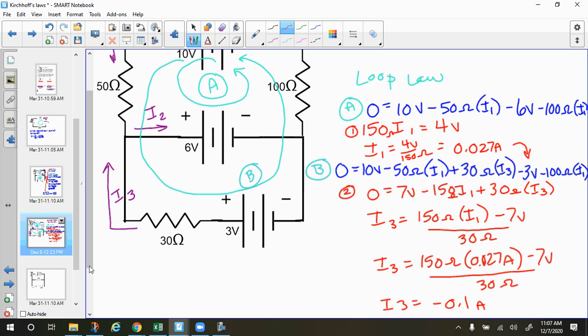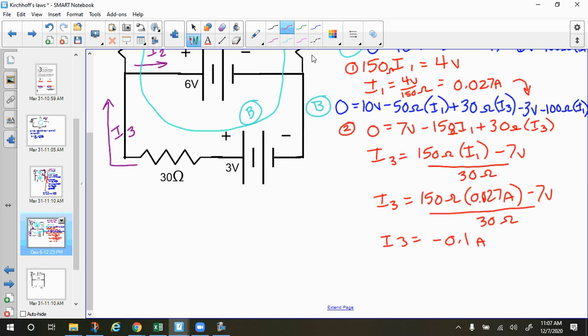So we got a negative number here. The negative number, what color haven't I used? I've used them all. So a negative number means current goes in the opposite direction.